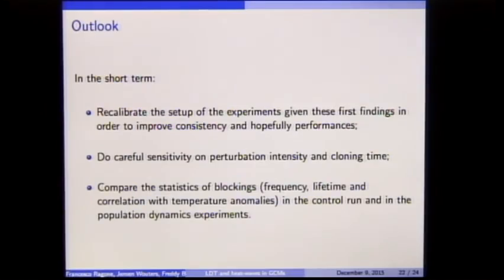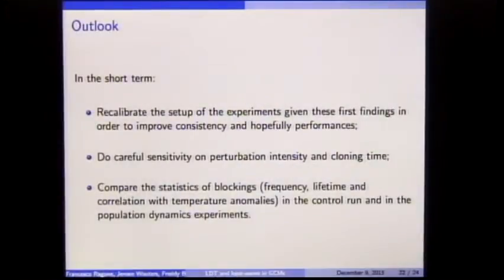In order to go more in the physics, compare the statistics of blockings. There are several indexes, in particular the Tibaldi-Molteni index, and in the meteorological literature, blockings have been studied a lot. There are indexes that are basically based on the gradients of the geopotential height along the meridional direction, which tell you the frequency of occurrence of blockings, the lifetime of these events, and then to check also the correlation of these events with the anomalies of temperature.